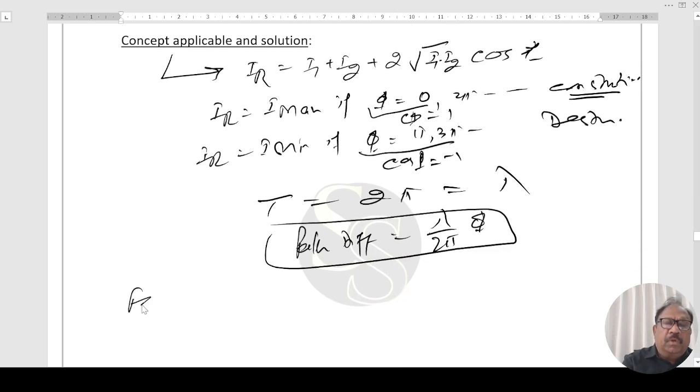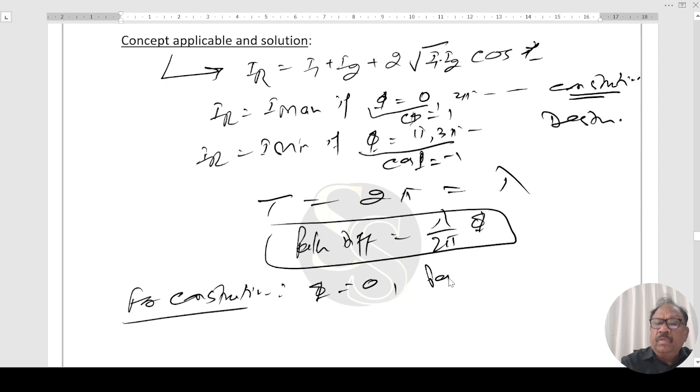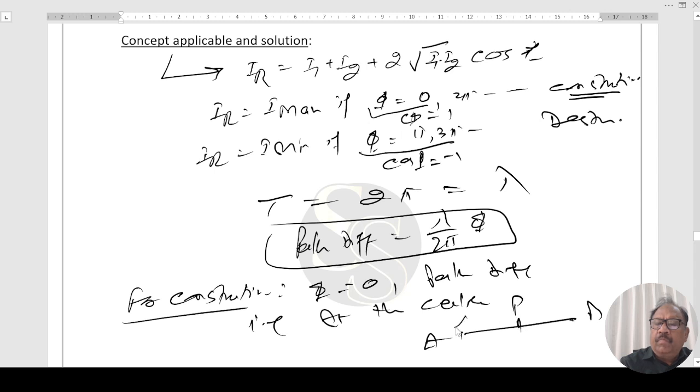Then for constructive, phi should be equal to 0, path difference 0, that is at the center. One point is A, one point is B, this is the center, point P. This is center 2.5. This is 2.5 meter, 2.5 meter, right?